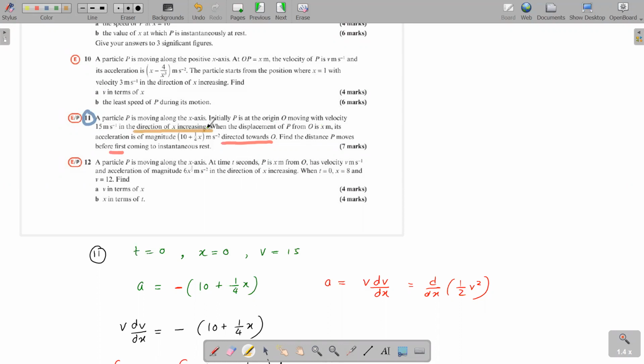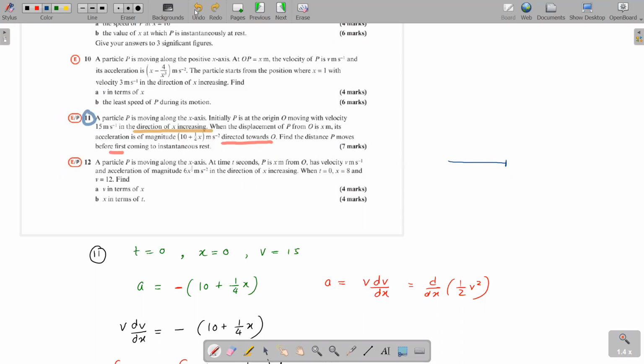Can you see? So the particle is initially moving in the direction of x increasing, but the acceleration is directed towards the origin. Because the acceleration doesn't support the direction it's moving, it is moving forward with a deceleration. So it will go forward with a deceleration, then come to instantaneous rest, start coming back and then go back. So that's what's happening here.